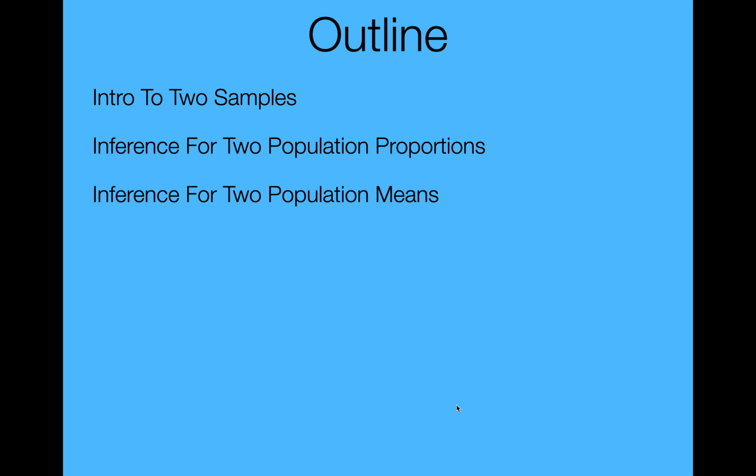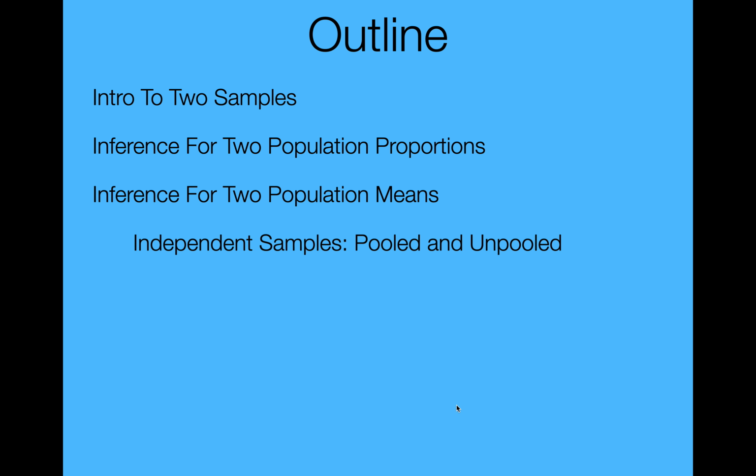We'll talk about what this two populations phrase actually means in the intro. And then inside of inference for two population means, we're actually going to talk about three different scenarios. The first scenario is independent samples where the variances are pooled.